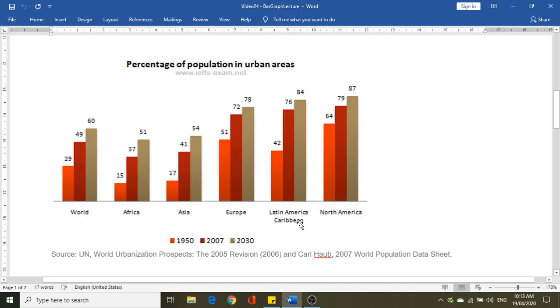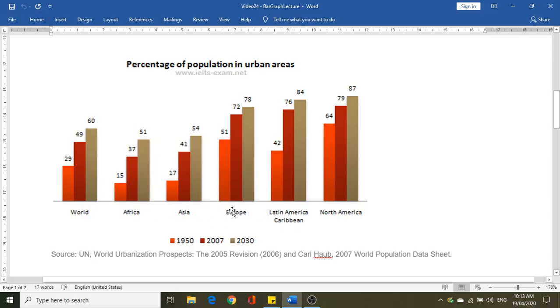So like the United States or the United Kingdom, the United Arab Emirates, everything with the United in front of them has to be preceded by the. The Philippines is also a particularly important inclusion with that. The Bahamas, for example, or the Netherlands, but most countries do not have any article before them.